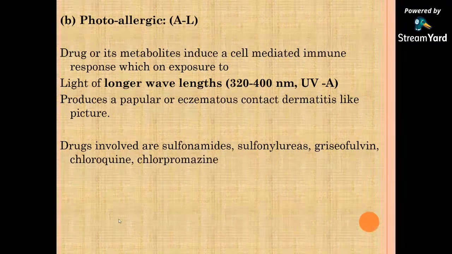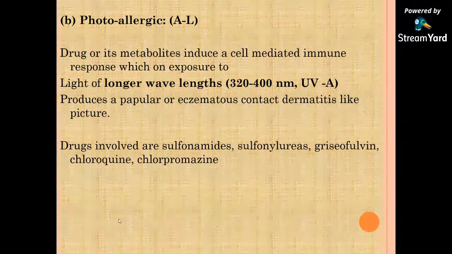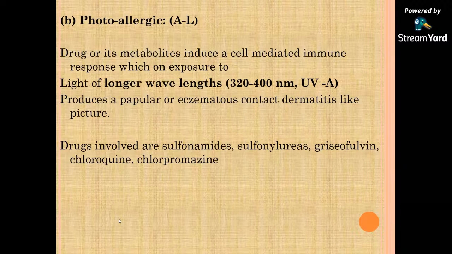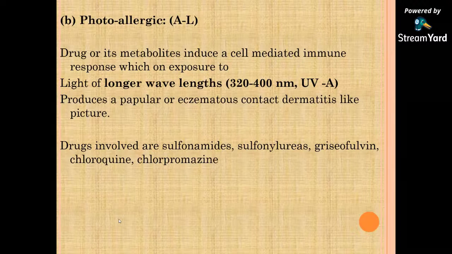That cell mediated immune response will react with the exposure of UV rays at what wavelength? That is 320 to 400 nanometer. In photoallergic reaction, UVA rays of sunlight are responsible. So they will produce a papular or erythematous contact dermatitis-like picture. So dermatitis will occur in the photoallergic reaction.